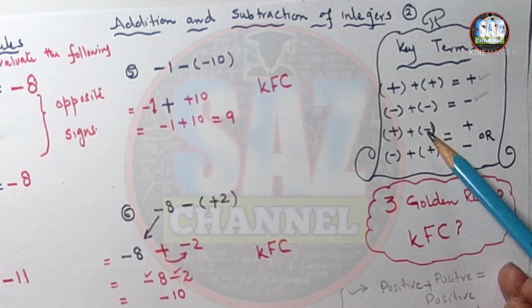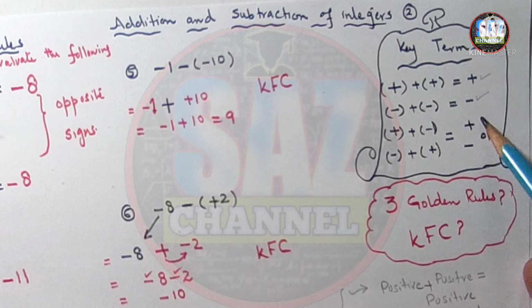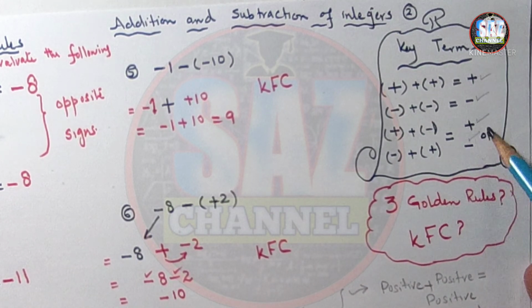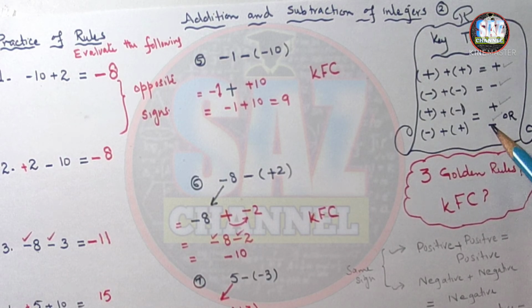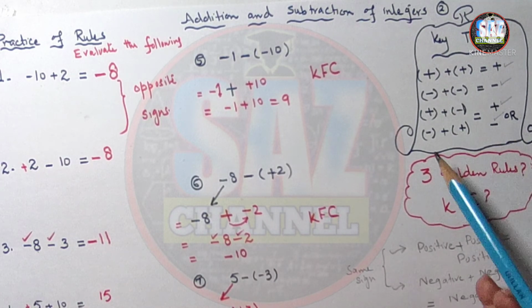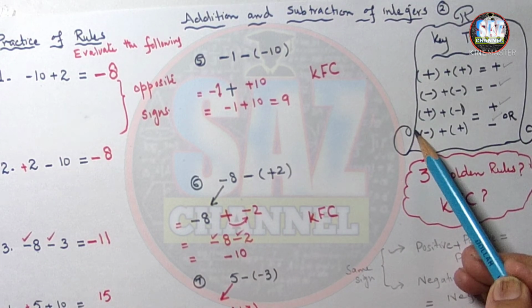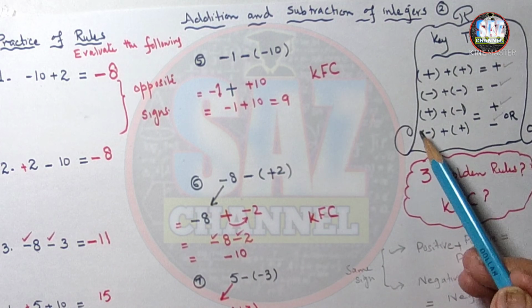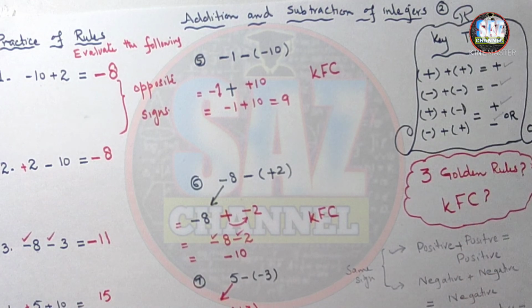When adding a positive and a negative, we can get a positive or a negative answer, depending upon the sign of the bigger term. In this last case, we simply subtract the two given numbers, and whatever answer comes, we attach the sign of the bigger term. I hope this lesson is clear to you.